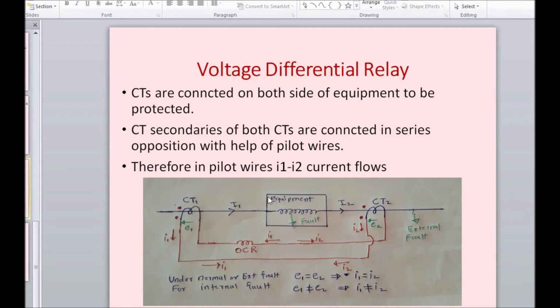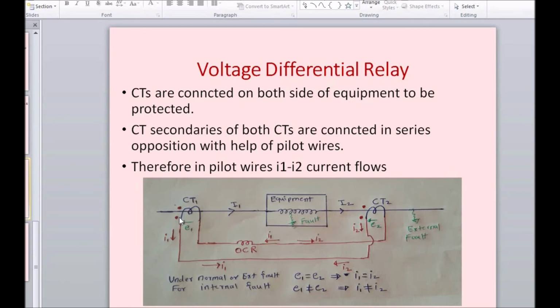This is the equipment to be protected. Again, on both sides of this equipment, CTs are placed. This is CT1, this is CT2. Now here the CT1 secondary and CT2 secondary are connected in series opposition.